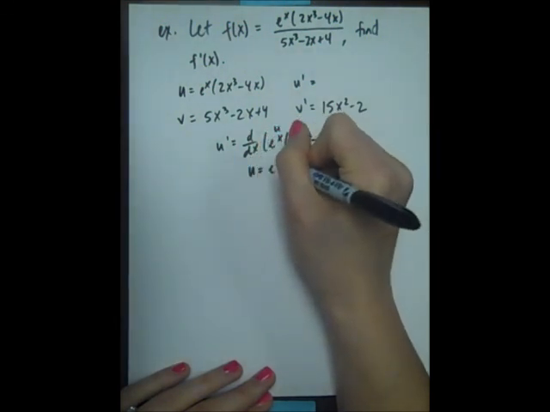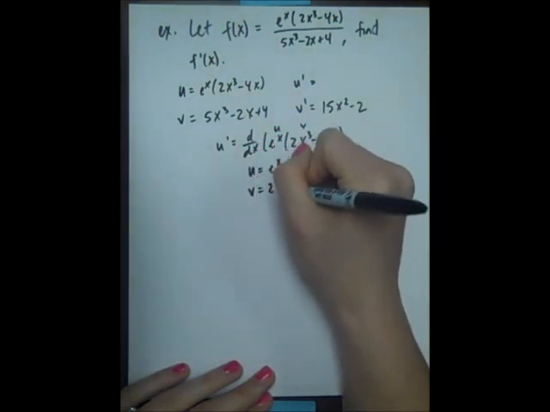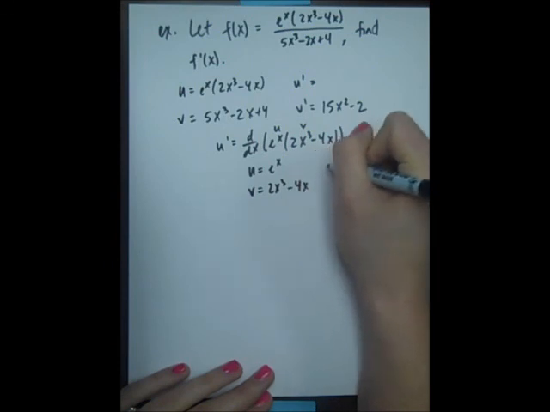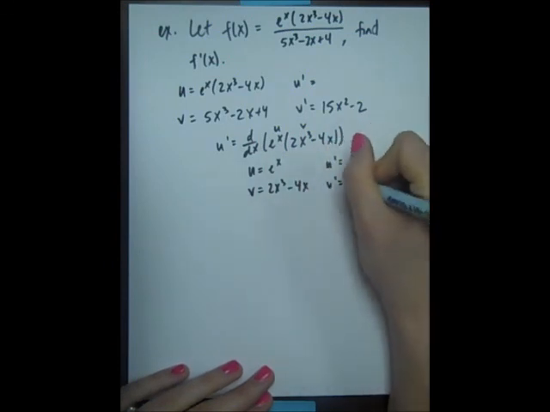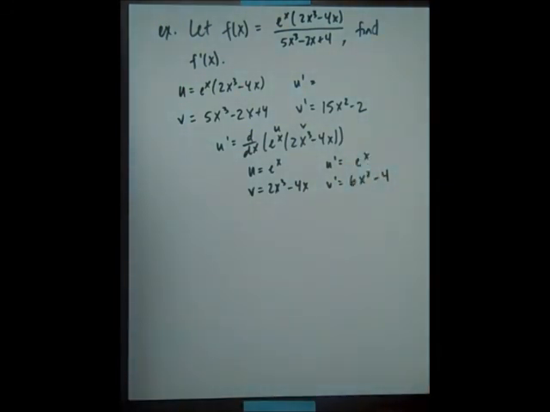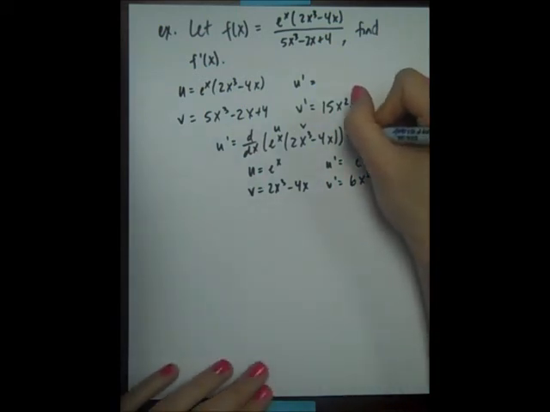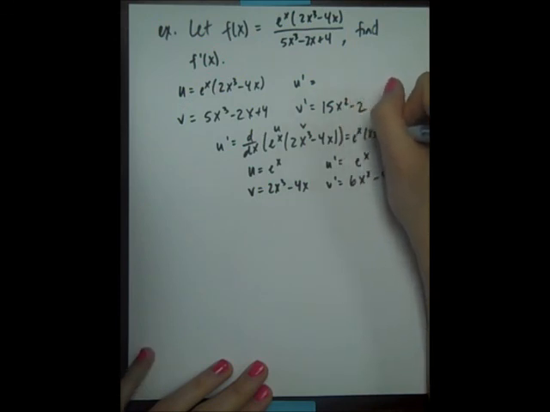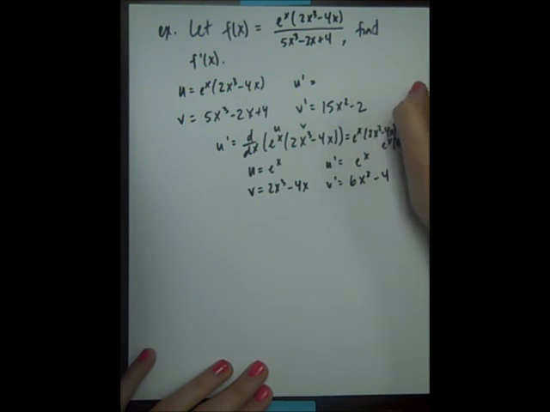So here the u was e to the x, v was 2x cubed minus 4x. u prime is e to the x, v prime is 6x squared minus 4. Which tells me that u prime here is going to be u prime v, I know we have different u's here, plus u v prime.